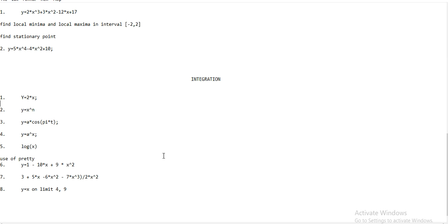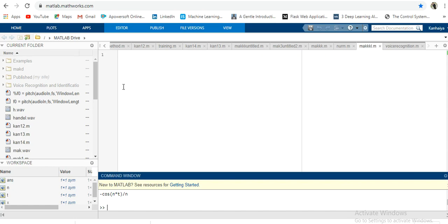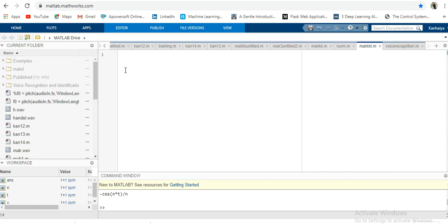Our first problem is y equal to 2x. So we have to specify the variable x. Now we have to integrate it, so we will use the function int, that means 2 into x.